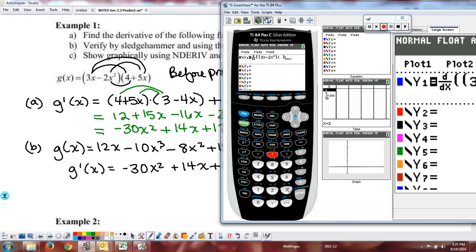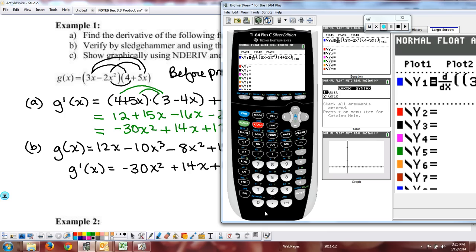Do another set of parentheses. 4 plus 5x. And remember that when you want to graph it, we do x equal to x, because we want to do it for all of them, not just for one of them. And then we're going to graph. I'm going to go ahead and do it in the version before I simplify. We're going to be verified that it's the same, but we might as well just show 4 plus 5x times my 3 minus 4x.